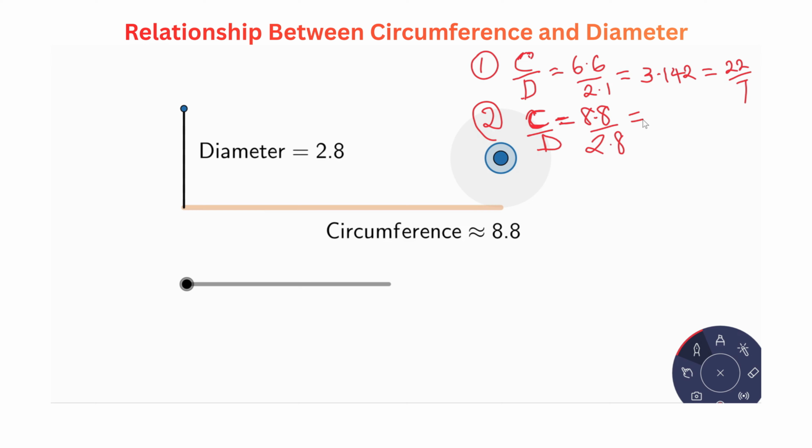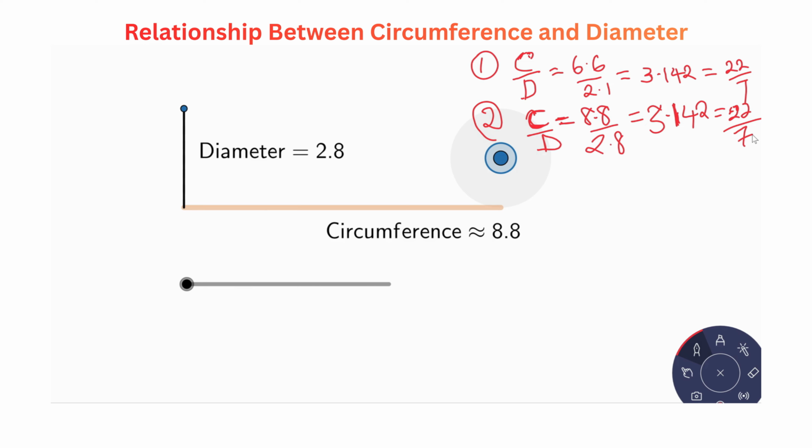What are we getting? 3.142, which is the same as 22 over 7.